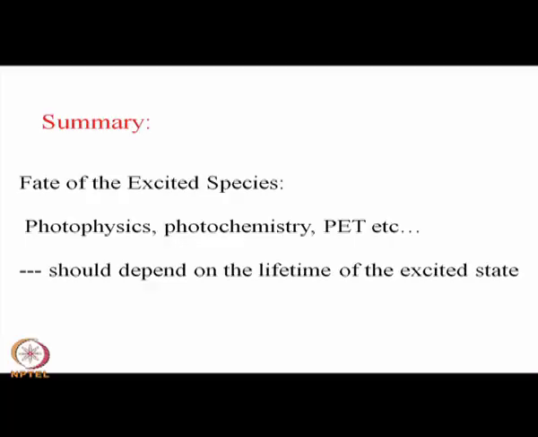So, in summary, what have we learned from this? We have learned about the fate of the excited state species. Excited state species means, suppose we have a pyrene molecule, you excite it, it goes to the singlet excited state, and then it may undergo several processes. One may be dimer formation, maybe heterodimer formation in the excited state.